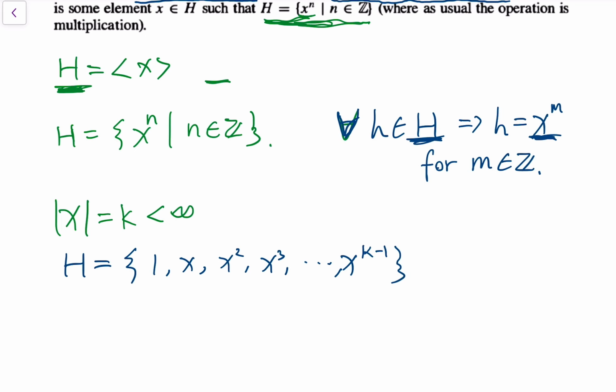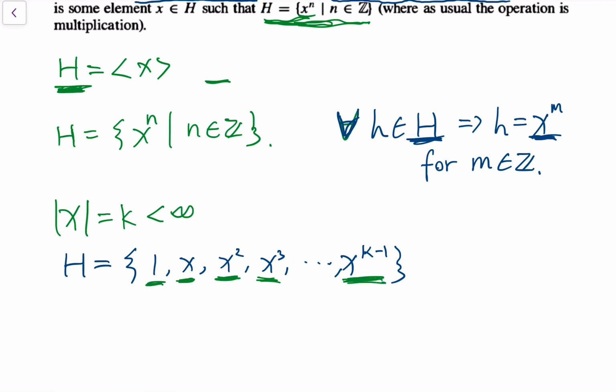The reason is that for 1, it means there are zero x multiplied together, and the element x means there is one x in the finite product of the generators, and x squared means a product of 2 x's, x cubed is a product of 3 generators, and so on until x to the k minus 1.